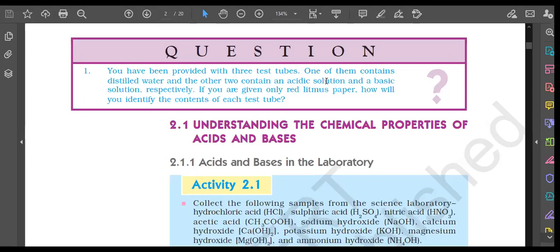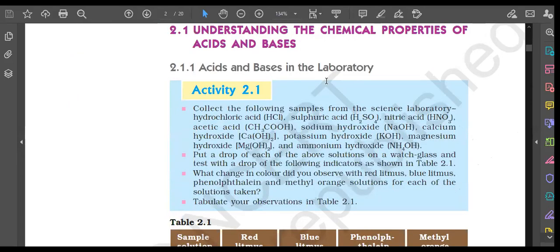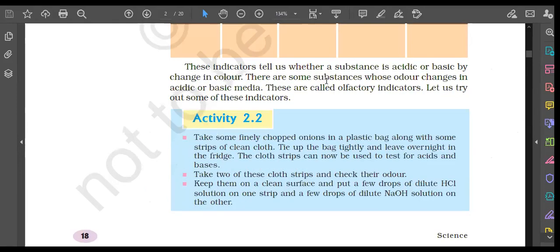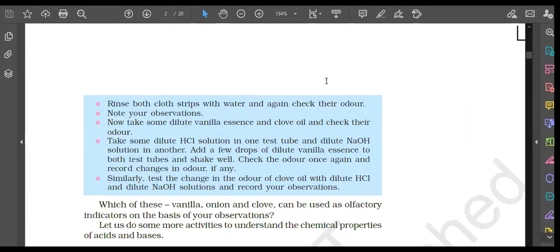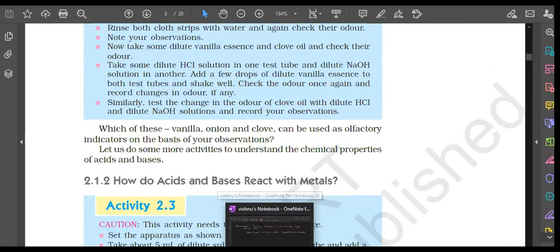The compound having more H plus will show acidic property, and the compound having more OH minus will show basic property, as simple as that. Everyone got this? And if H plus and OH minus are equal, then it is your neutral solution. Very good, everyone.